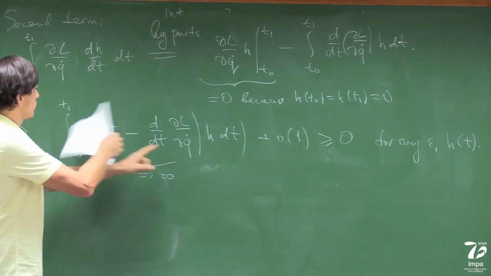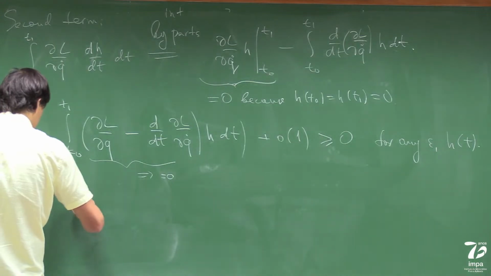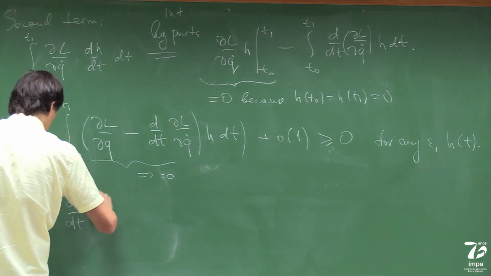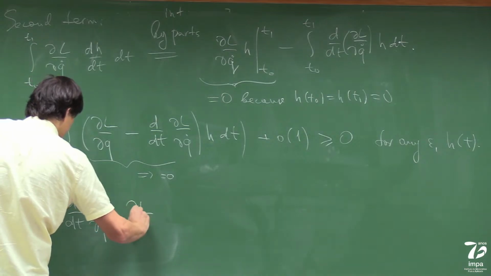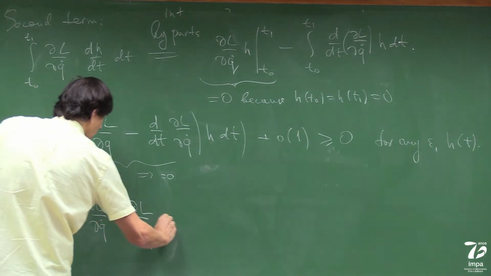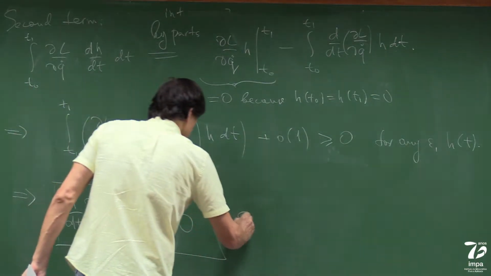Since it's 0, we can multiply by minus 1, and we get what's called the Euler-Lagrange equation.